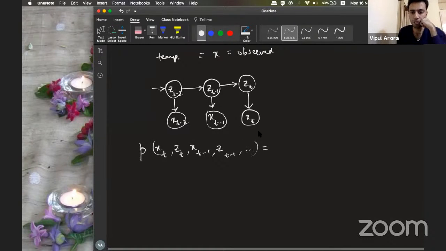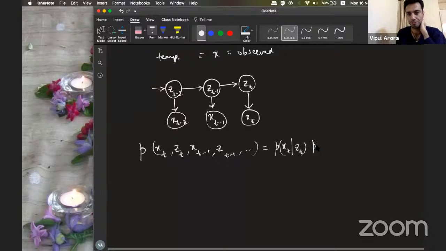So you have P of Xt given Zt, right? Because if you know Zt, nothing else is required. Then start from the leaves, basically. You can also start from the root or the leaves. I'm starting from this end.